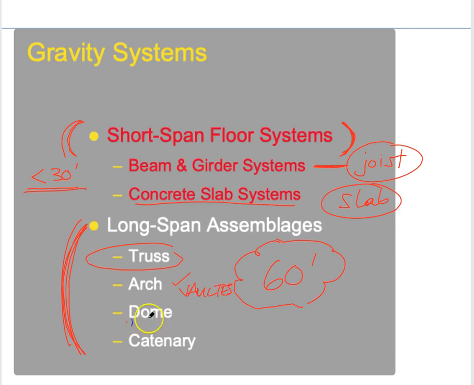Could have a dome structure, more in bridges, but you could have a cable structure. That probably wouldn't be in terms of what you've got, but the shape of the arch will become very important, and the trusses that we'll end up designing as well.